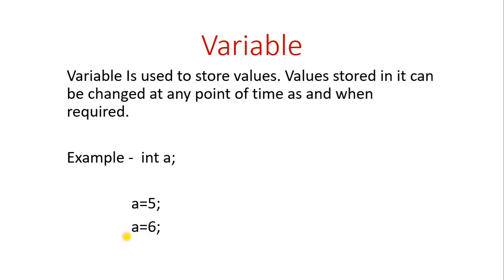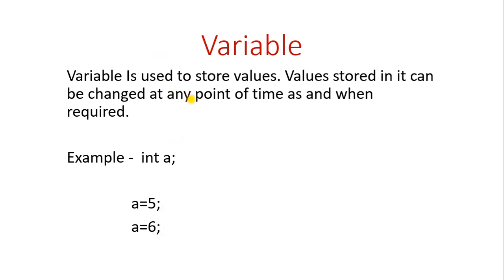So 6 is stored in a instead of 5. 5 is removed, and now 6 is stored in a. Whatever new value we assign to that variable will be stored. So the output of a is currently 6, because the last value we assigned to a will be the output of the variable.